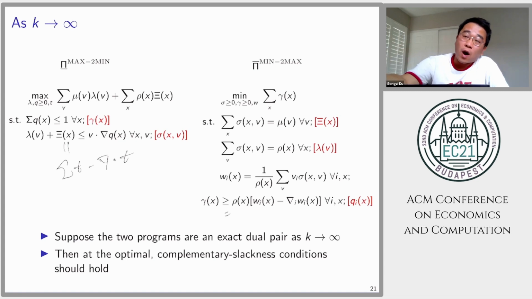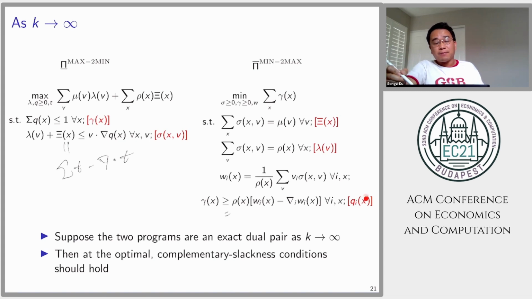This is quite intuitive, because if the virtual value is the same, it means intuitively that the seller is indifferent between allocating to any bidder. And in fact, this is technically implied by complementary slackness. The seller has to be indifferent.